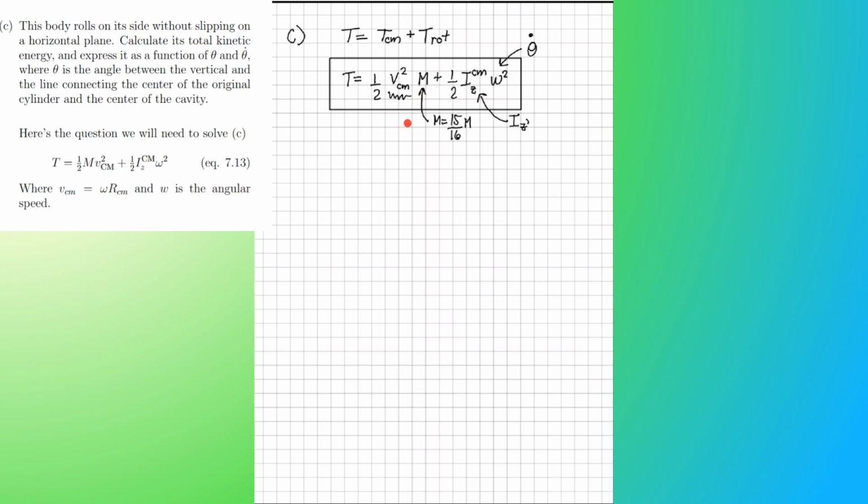Since the center of mass is shifted to the left, we cannot just say that the speed is equal to r theta dot.